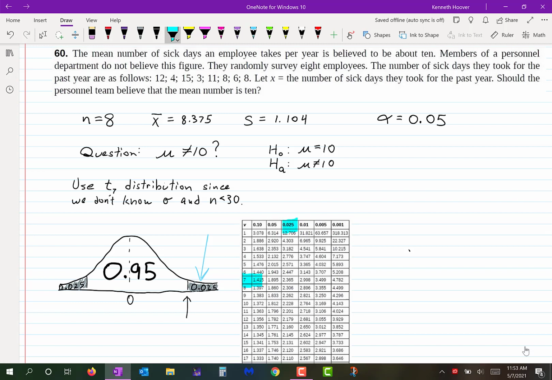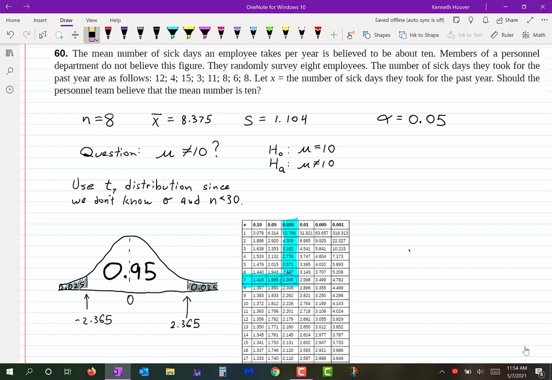All right, now where do those meet? They meet right here. 2.365. That's our p-value, is what the book calls it. Which automatically means, by the way, that this is negative 2.365.